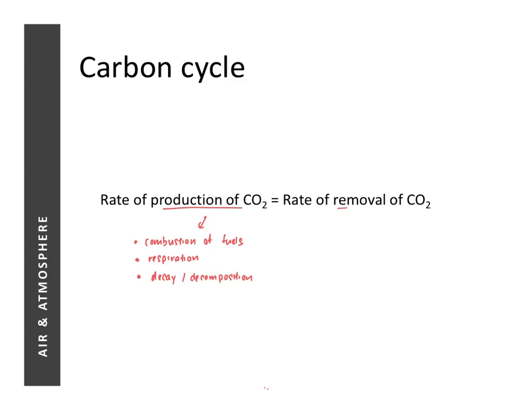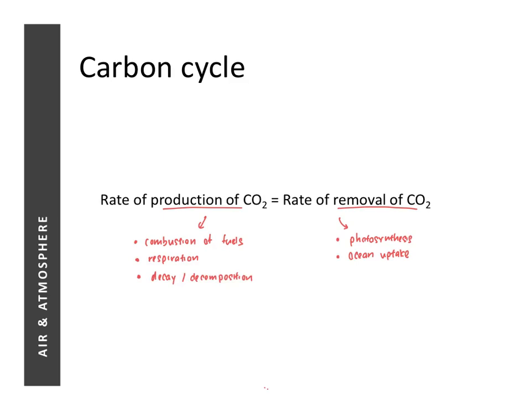However, there are also processes that remove CO2, and this would be photosynthesis, and then also something called ocean uptake, so they are being absorbed into the ocean. So way back in time, what happens is that the rate of production of CO2 is actually matched by the rate of removal of CO2.